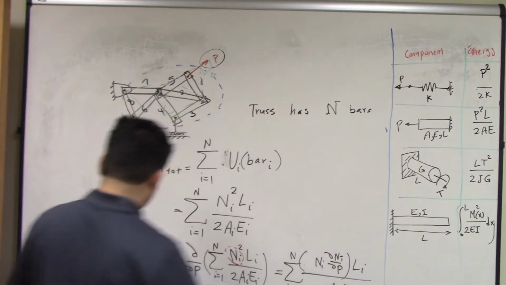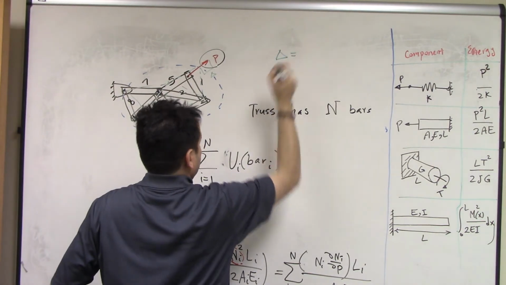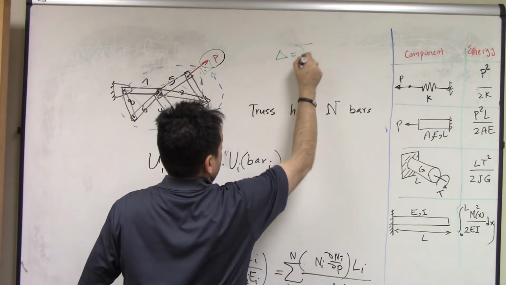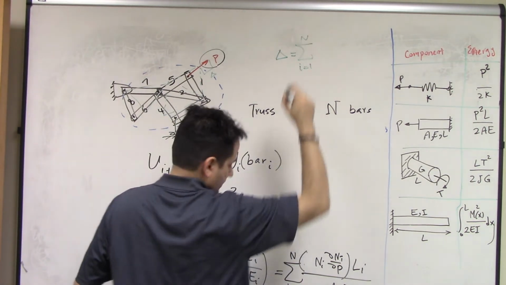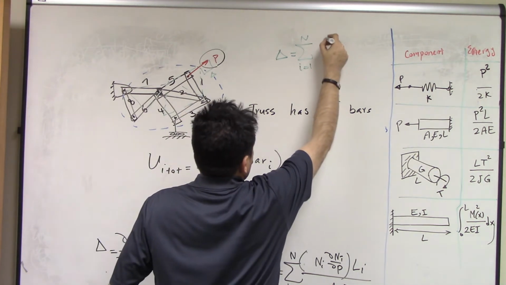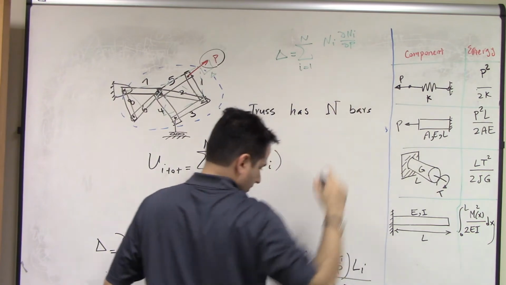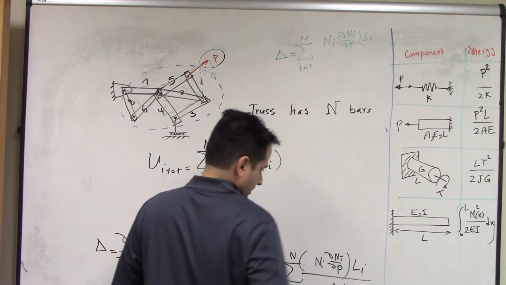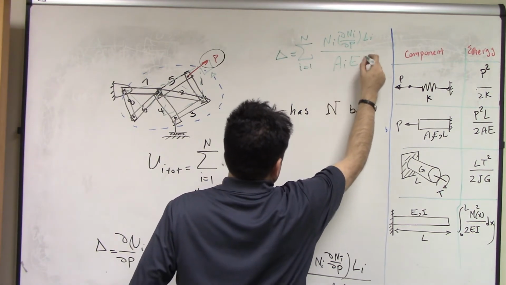Then we have this formula. Delta at the point is equal to the summation of i from 1 to N, Ni partial Ni partial P times Li over Ai Ei.